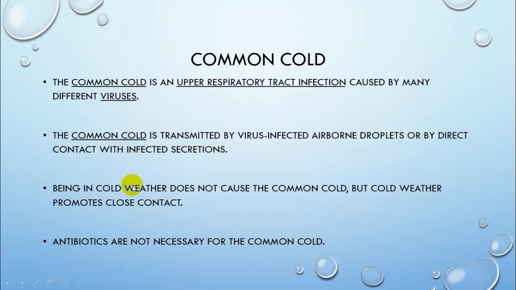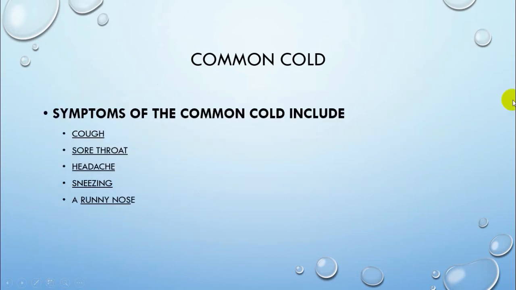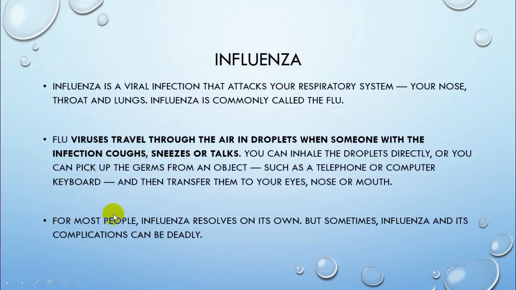Cold weather cannot cause the common cold, but can promote close contact. And as it is a viral disease, it cannot be cured with antibiotics. Symptoms of the common cold are cough, sore throat, headache, sneezing, and runny nose.